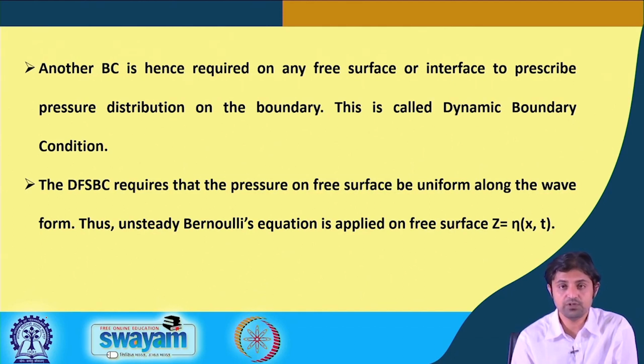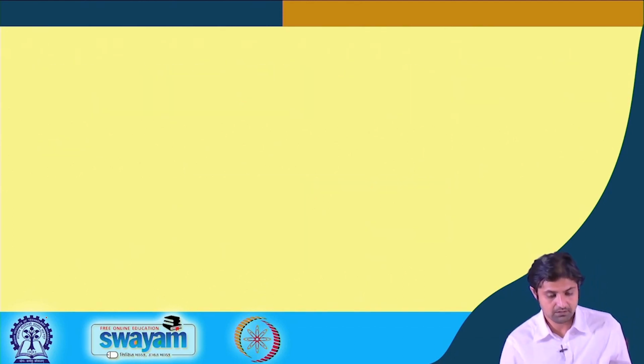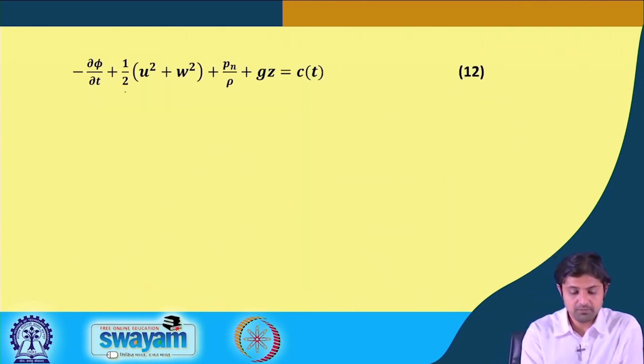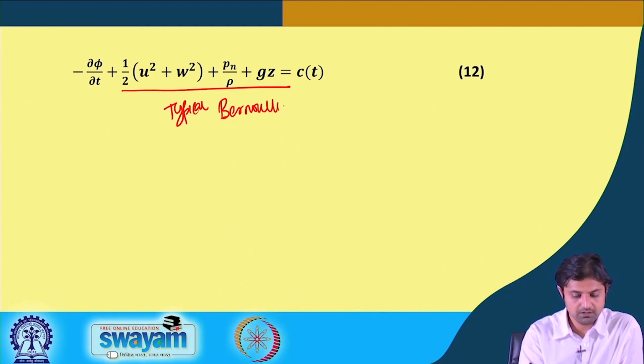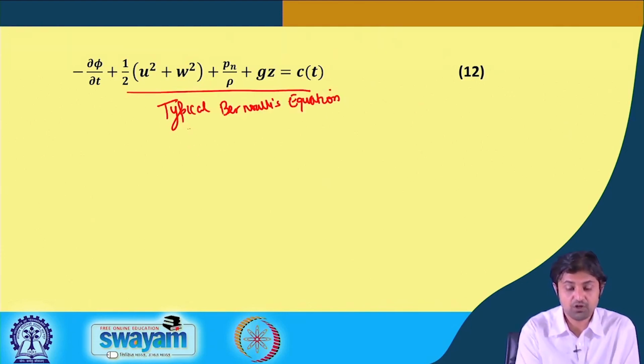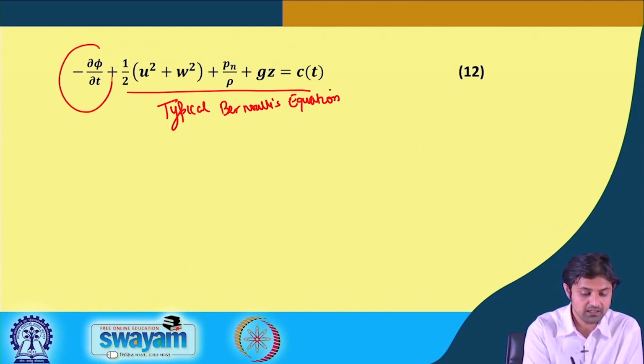Unsteady means there is going to be another term with del t. So, you remember this was a typical Bernoulli's equation. To make it unsteady, we add another term, this is the unsteady part.